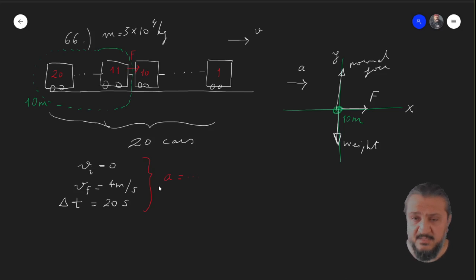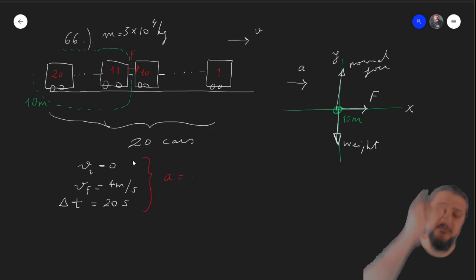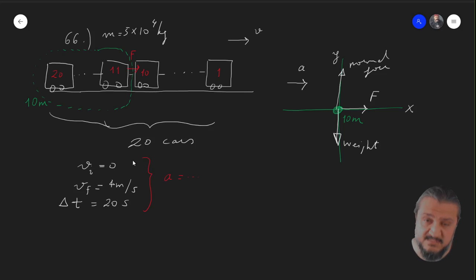So how do we find the acceleration? Well, we have a steady speeding up from 0 to 4 meters per second in 20 seconds. So find the change in the speed and divide it by the time interval, and you're done. So V final minus V initial divided by delta t.